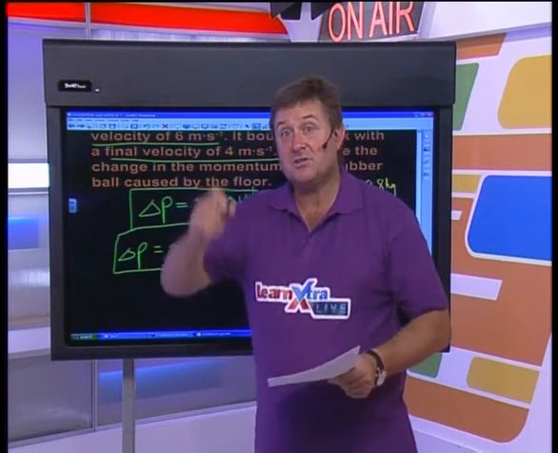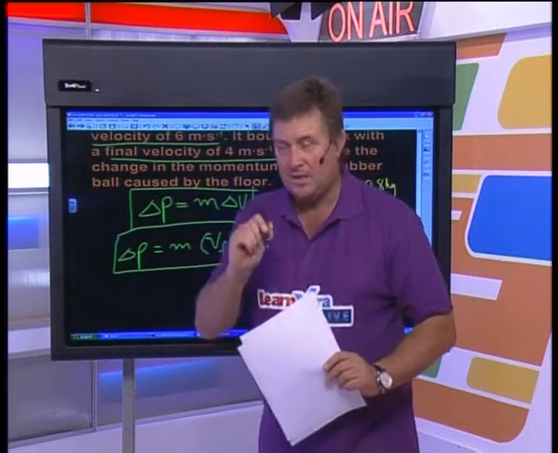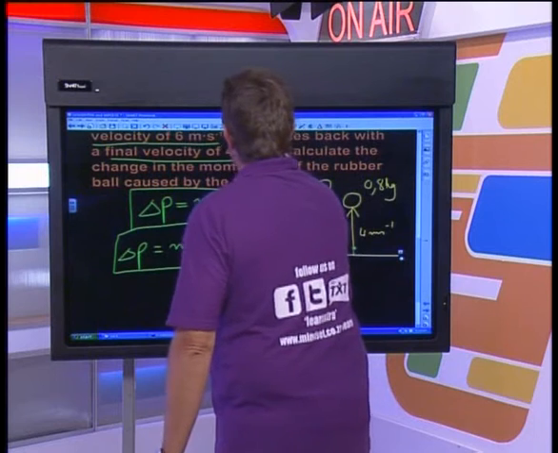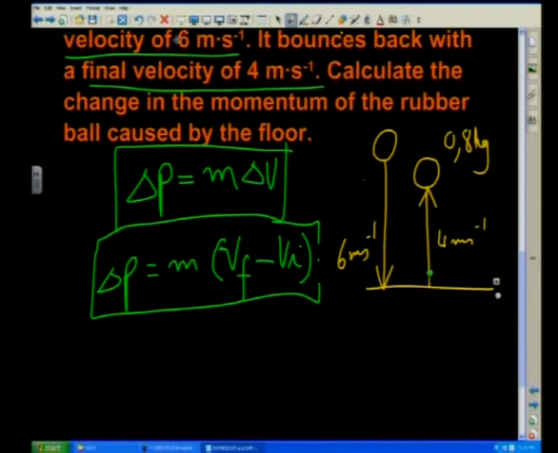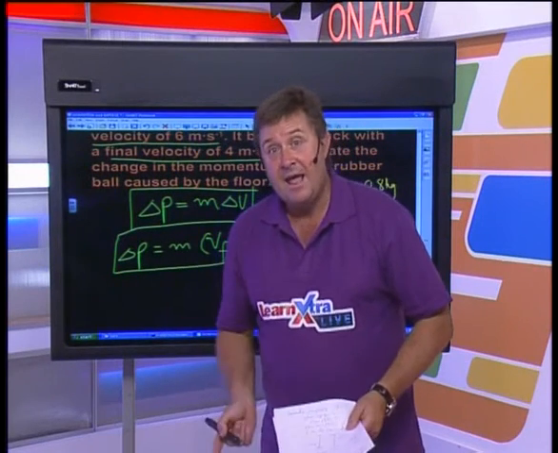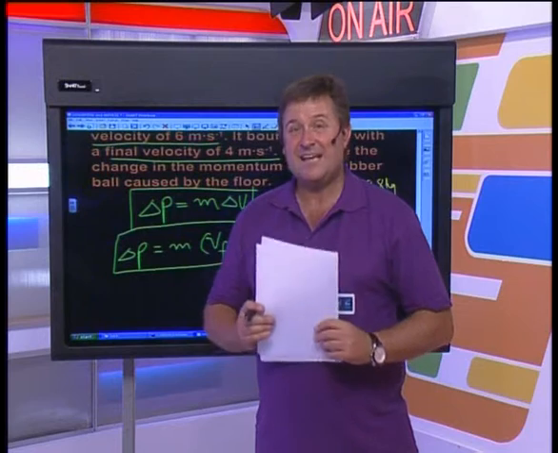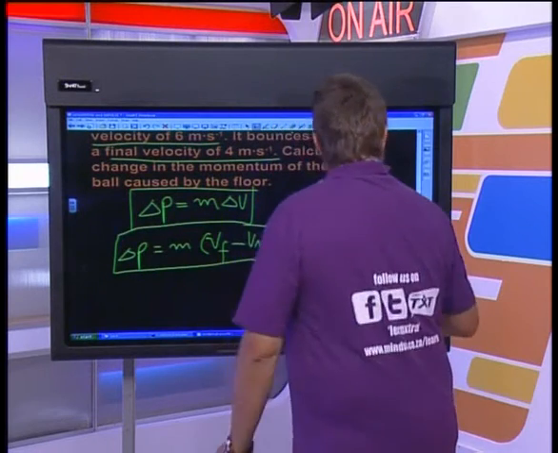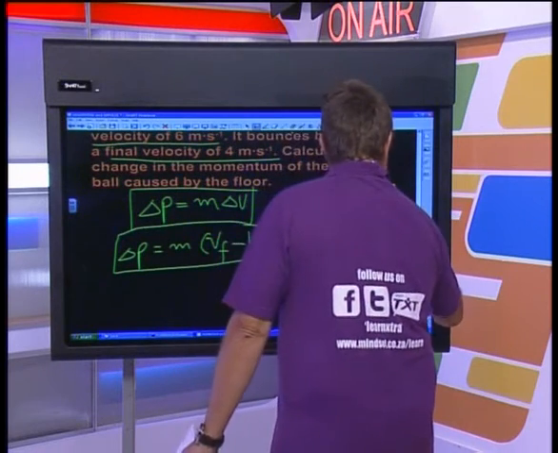In this case, my initial direction of motion was downwards. And if that is downwards, then make your initial direction positive, which means then that your second direction is going to be negative. So for this particular calculation, I'm going to take my downwards direction as positive and my upwards direction as negative.